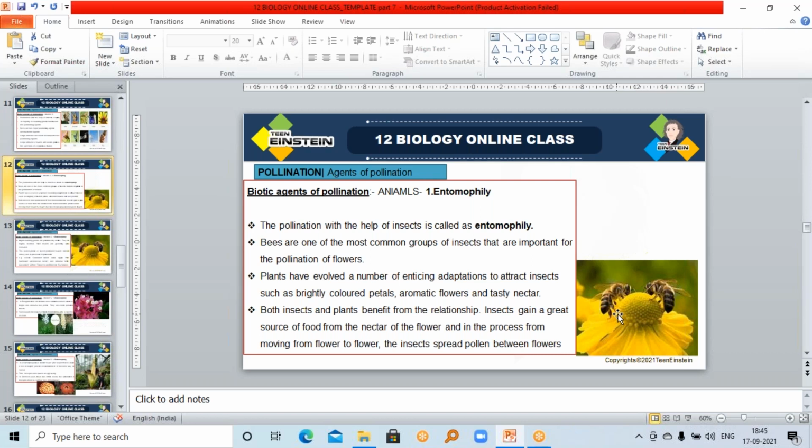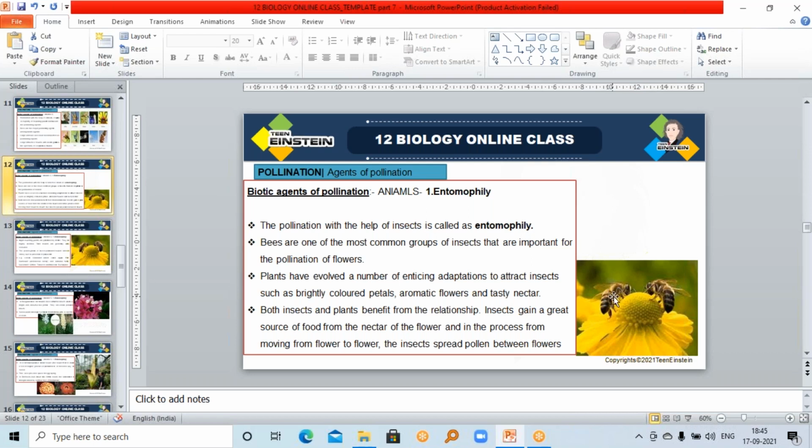In the process of collecting nectar, that insect will be moving from one plant to another plant, or one flower to another flower, right? While collecting nectar, it will be sitting on the anther, so that pollen grains will be sticking to the legs or to the body of that particular insect.